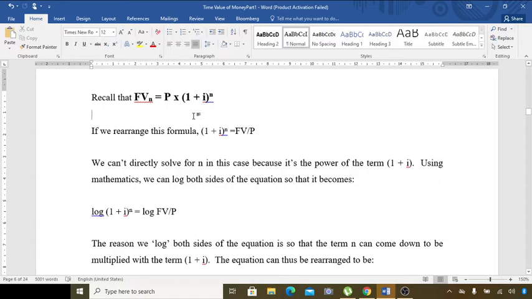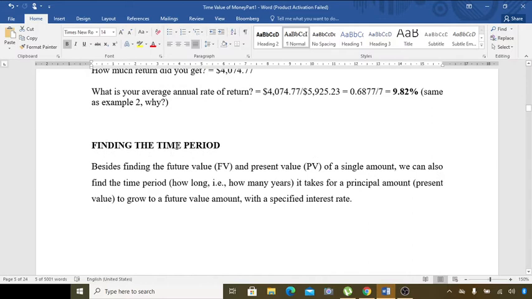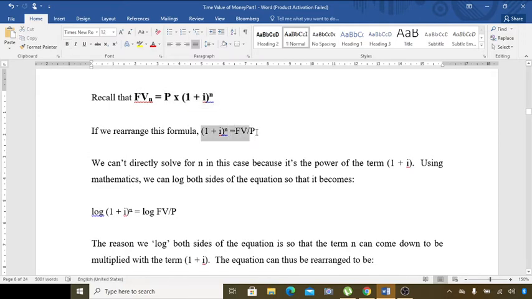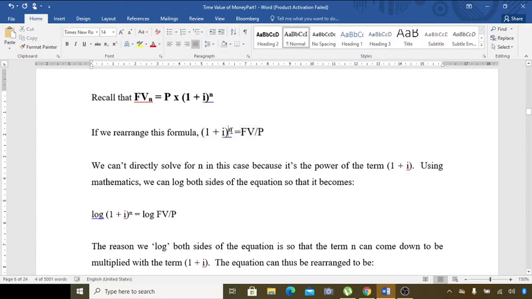Using algebra, if we rearrange this formula, (1 plus i) to the power of n equals FV divided by P. Our main concern here is to find the time period, which is our t, and t is contained in this n.